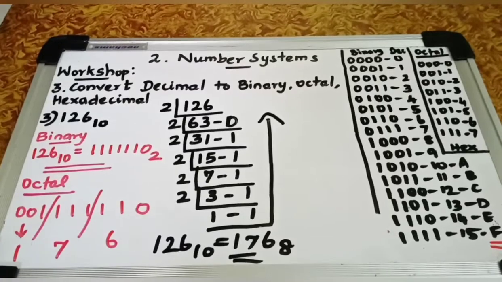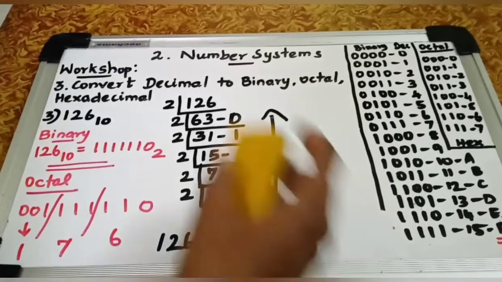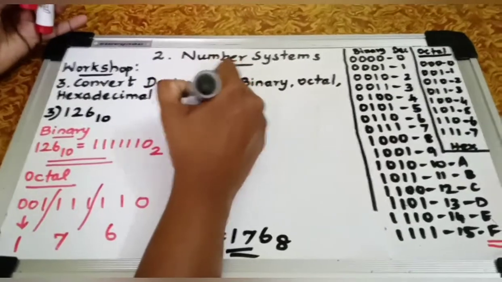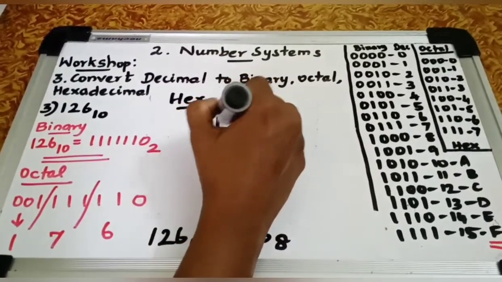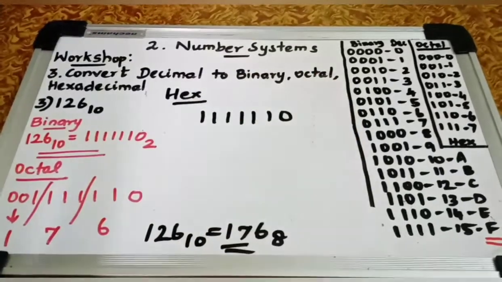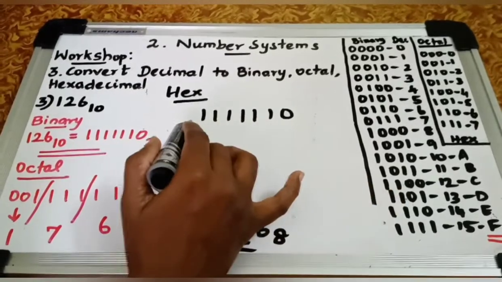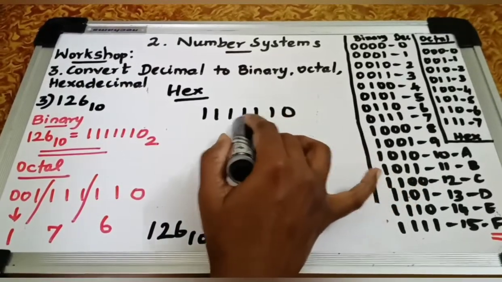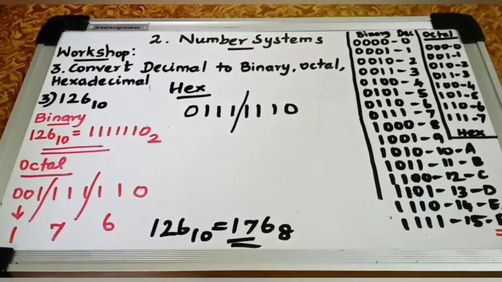Next, to convert to hexadecimal, we find the hexadecimal value. The binary value is 1111110. Divide from right to left into 4 digits: 1110, and here 3 more digits are there, so add one 0 here.